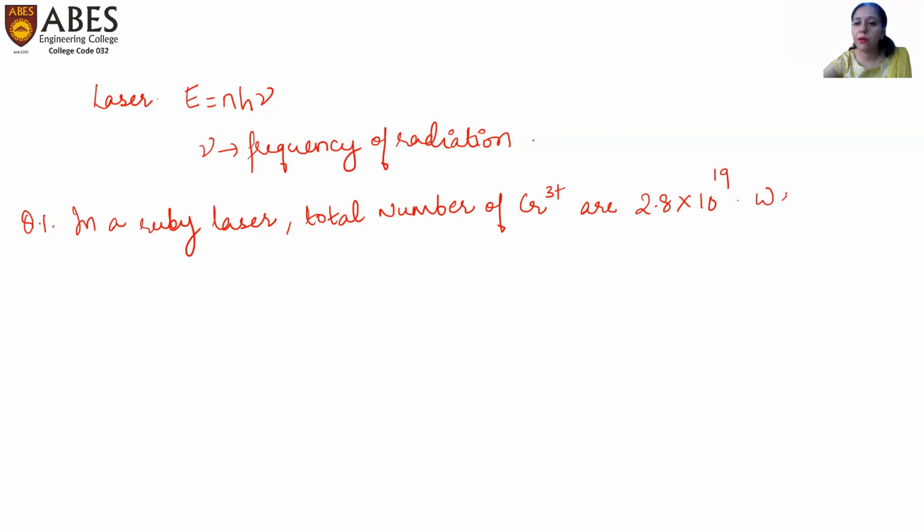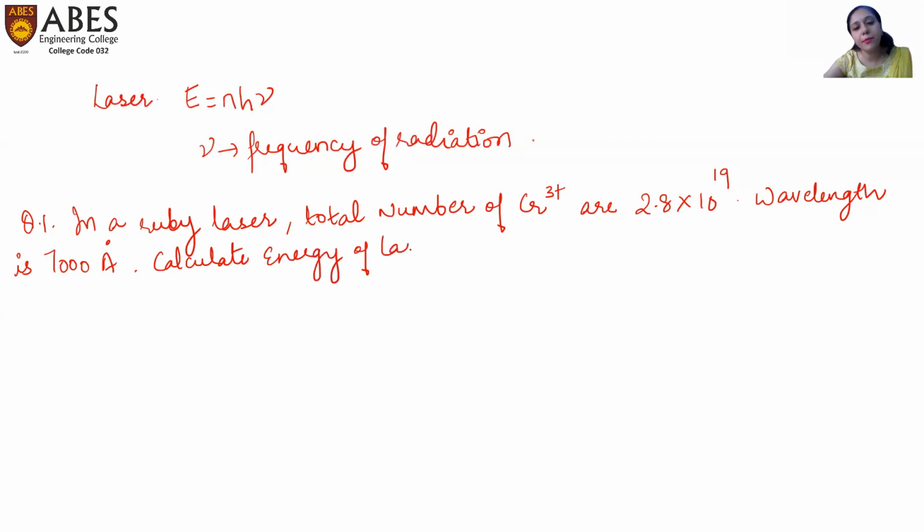The wavelength of the laser is given, wavelength is 7,000 angstrom. So we have to calculate the energy of the laser pulse.